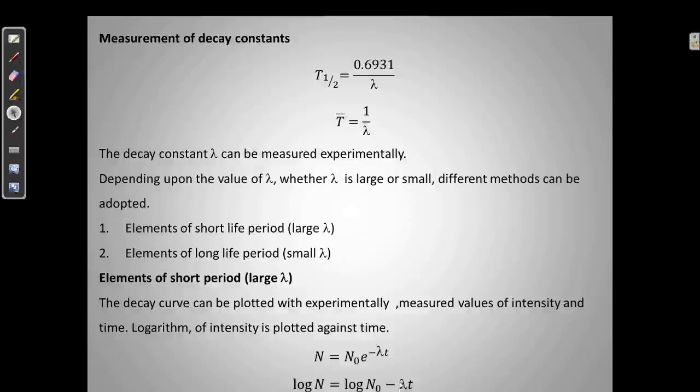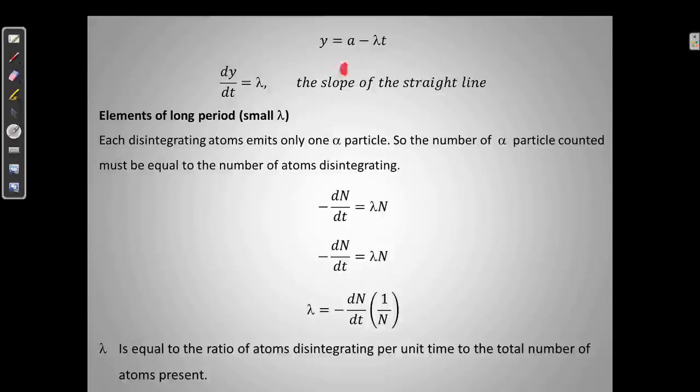Then lambda will be given by the slope of the straight line, where m is equal to minus lambda, which is the slope of the straight line, given by dy by dt. If you have a small lambda, that is a long life period, small lambda means there is only a small change during each time t.